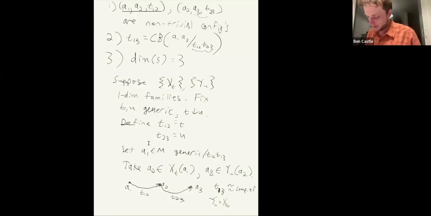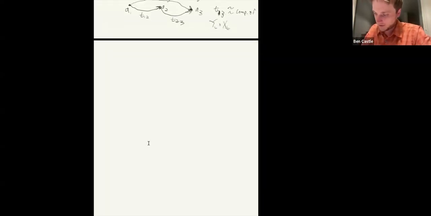And so T13 is what's going to take A1 to A3. Maybe a better picture is more like a triangle. A1 maps to A2, maps to A3, and then the composition maps A1 to A3.